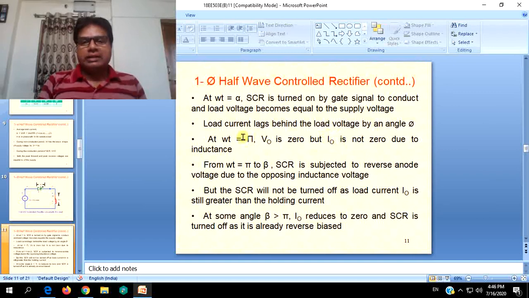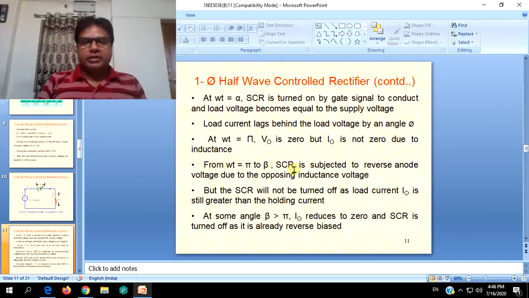Whatever leftover magnitude of I naught exists at omega t equal to pi will become 0 only after some time. During that time, the load will be getting negative or reverse voltage, but the current will be positive.